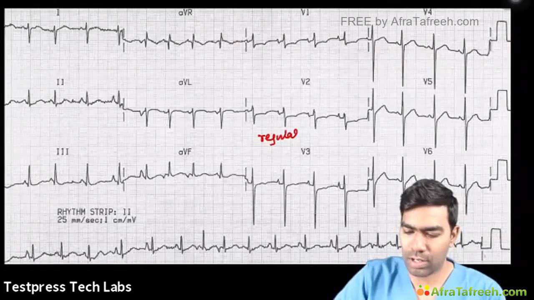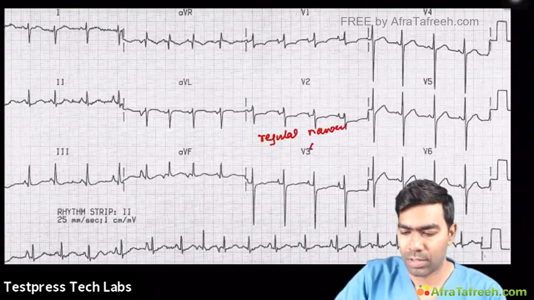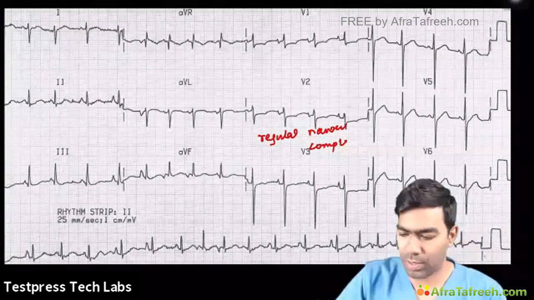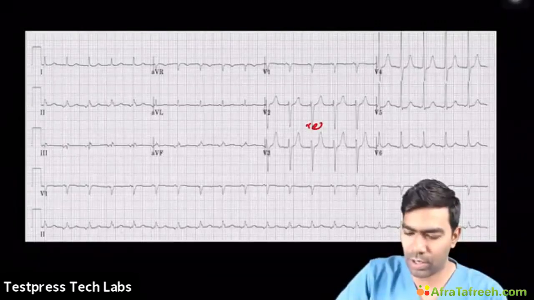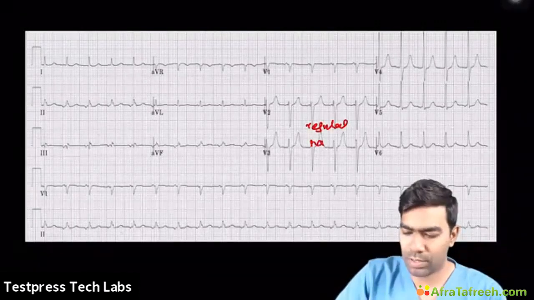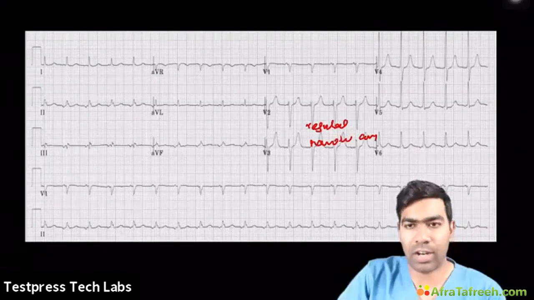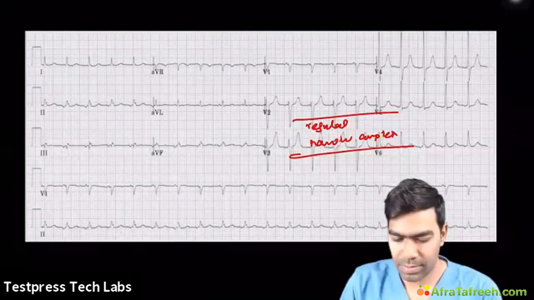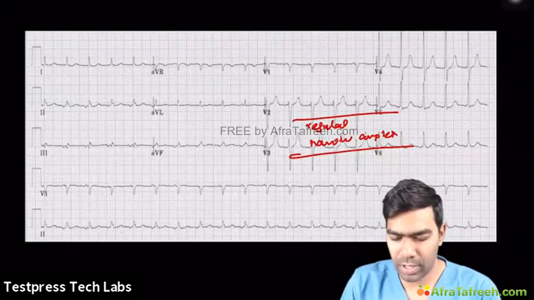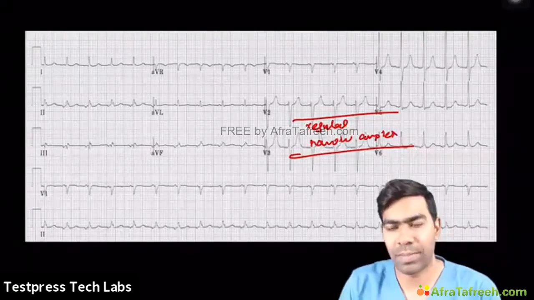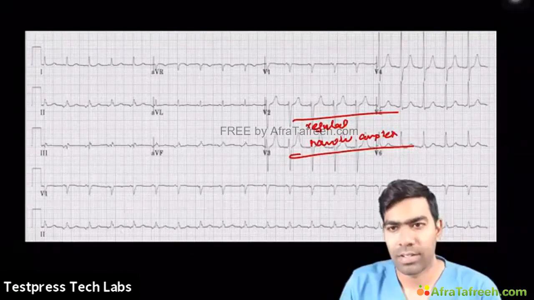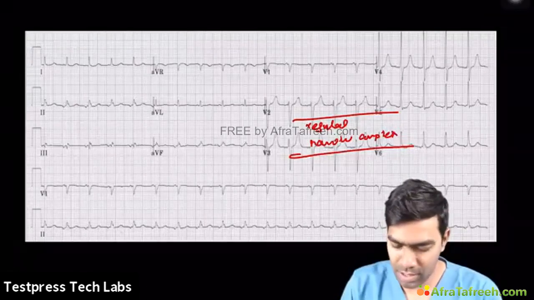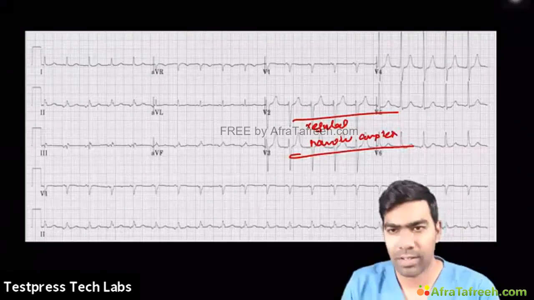Okay, regular narrow complex. If it's regular and narrow complex, are the P waves present in lead 2? See lead 2. Are the P waves there?